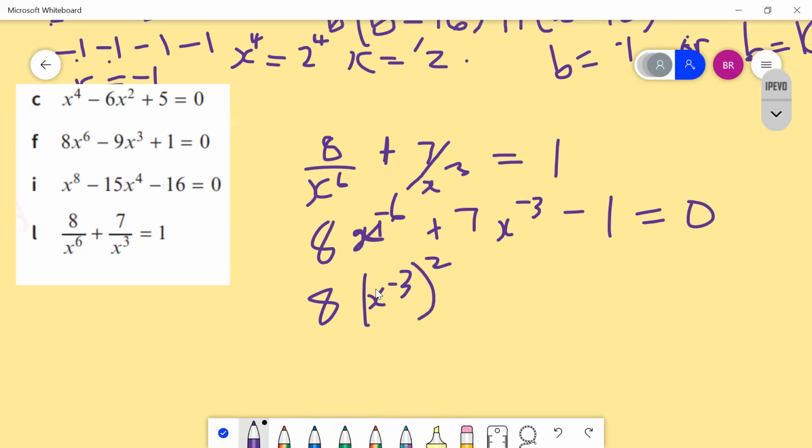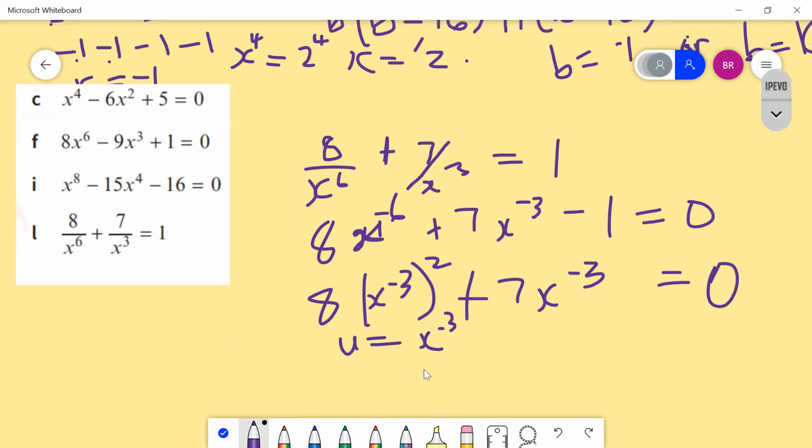You're going to see that minus 3 times 2 is minus 6, so we're going to have the same answer, plus 7x to the power of minus 3. Minus 3 times 2 is minus 6, so the answer is 0, like this. It works.